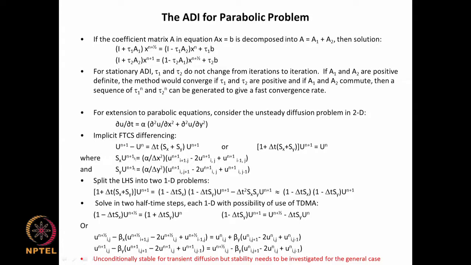But otherwise, this breaking up of essentially a pentadiagonal matrix into 2 tridiagonal matrices, or a 7 diagonal matrix for the 3D case of this transient diffusion problem into 3 1D problems, is unconditionally stable, and we can just go ahead and get a solution for this.